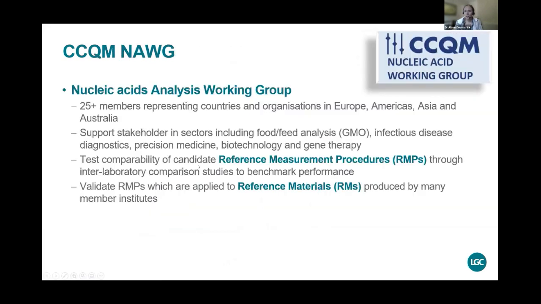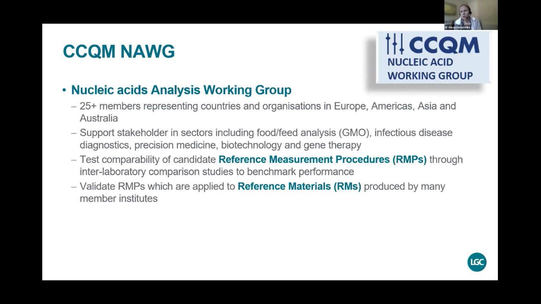Within the Nucleic Acids Analysis Working Group, we have over 25 members from countries around the world, and we support a range of stakeholder sectors, including feed, food, infectious disease diagnostics, but also precision medicine, biotechnology and gene therapy.